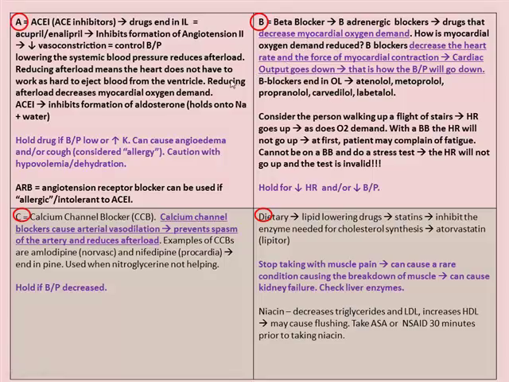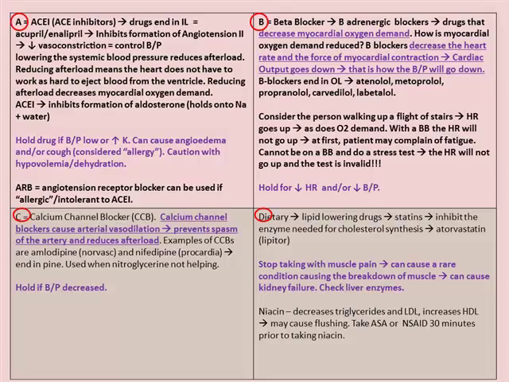Beta blockers end in OL, so I've given you a list of all the OL drugs, the beta blocker drugs. And again, how does it help specifically with our heart patient? Well, think about it. We already talked about the fact that if you go up the stairs, your heart rate's going to go up because your beta cells are going to be activated, with increased contractility.